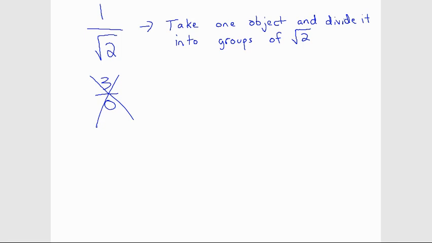It turns out they teach us to rationalize denominators because of this idea of taking an object and dividing it into groups of square root of 2. That doesn't make sense, and it doesn't really fit with the traditional idea of what division is. So when you get into higher forms of advanced math, this is a skill that generally tends to fall by the wayside because college professors may not necessarily care if you rationalize the denominator.